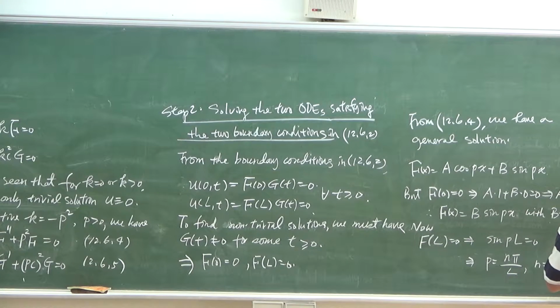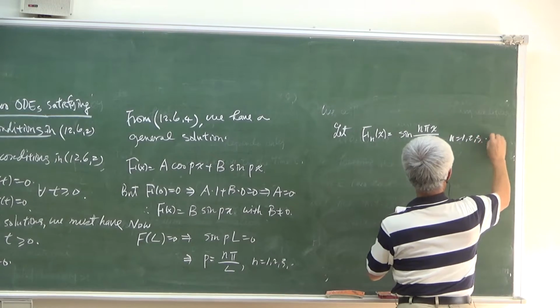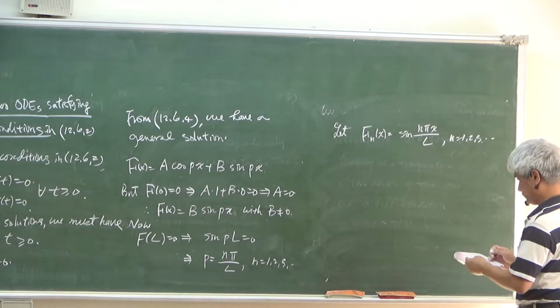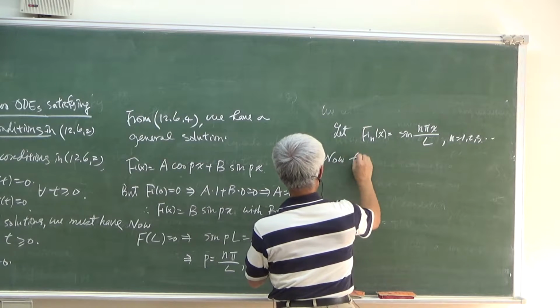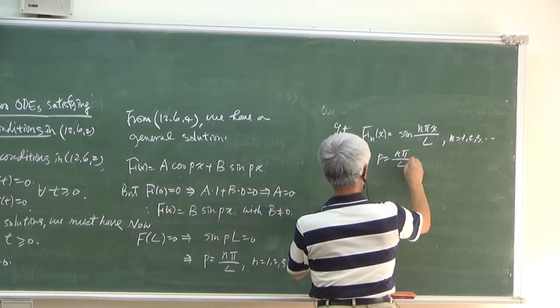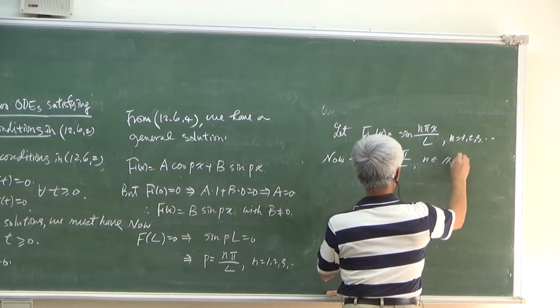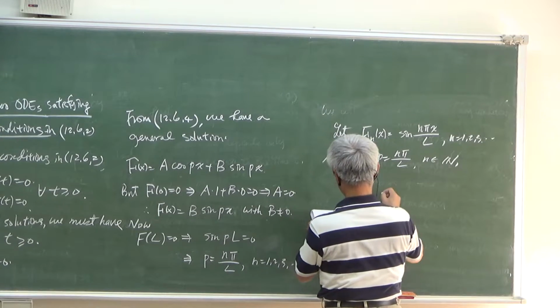So we let fn of x to be sine n pi x divided by L, for n equal to positive integers. Right? And then now, for p equal to n pi divided by L, okay, we solve.